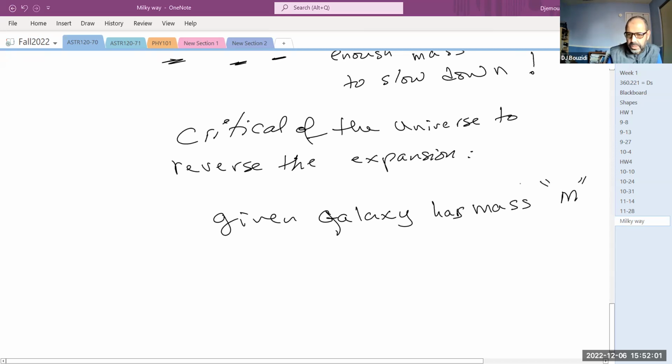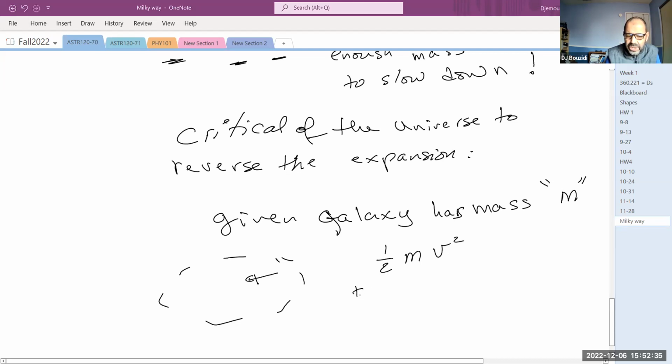It's a big number. It's usually in the billions of solar masses. It doesn't matter. You will see that it doesn't matter how much mass you give that galaxy, small or big. If the rest of the universe is pulling on it, and if this galaxy is moving, as I said, they have motion, at least apparent motion, so it has a kinetic energy, and the kinetic energy is 1/2 times mass times velocity squared.